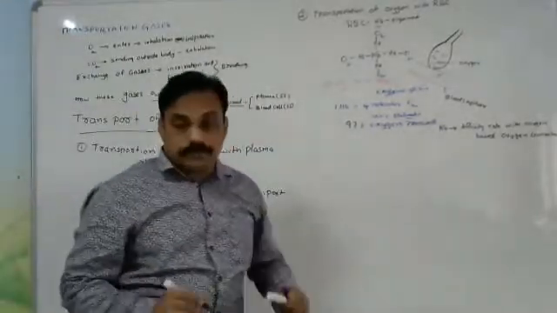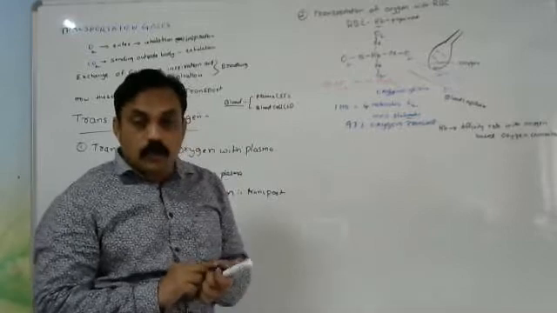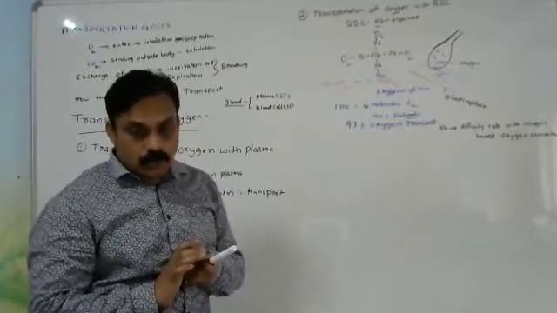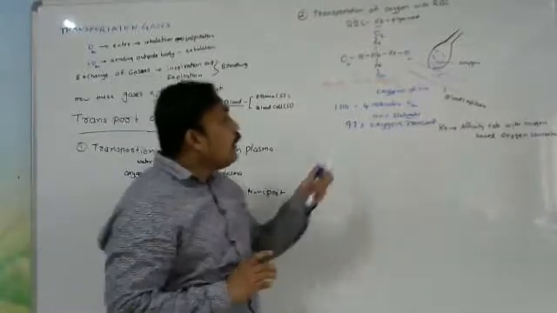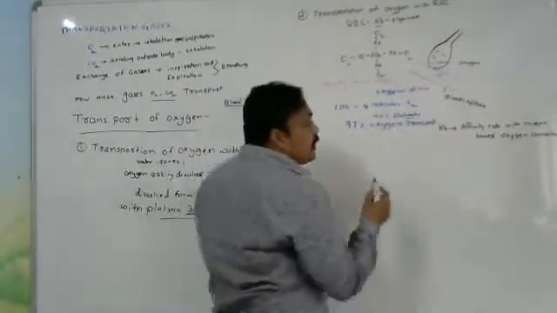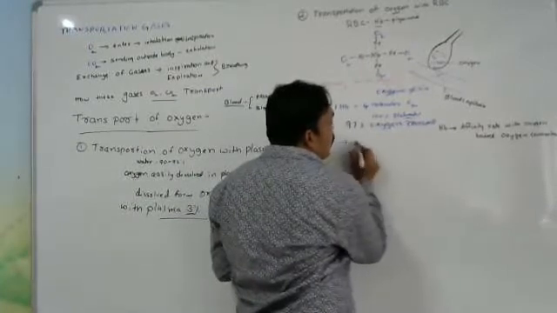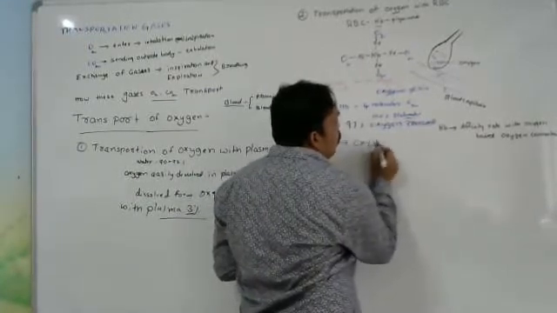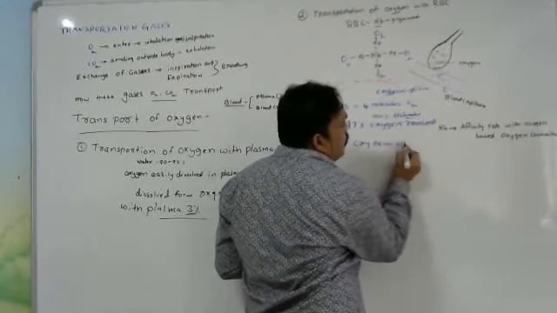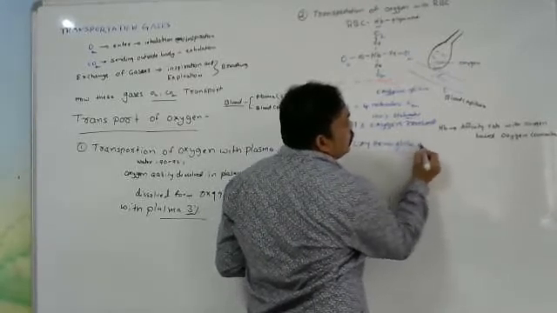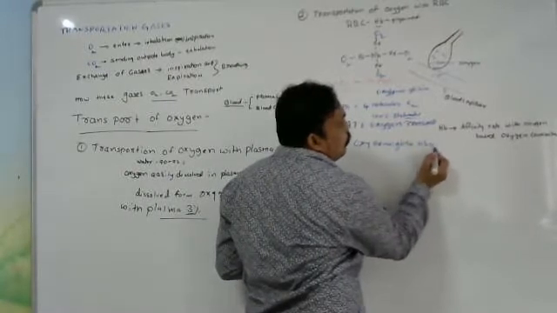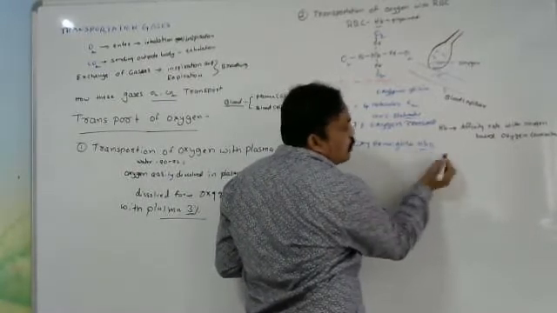RBC only, with hemoglobin, as oxyhemoglobin. So it is transported as oxyhemoglobin. The formula is HbO2, that is four molecules of HbO2, which we can call oxyhemoglobin.